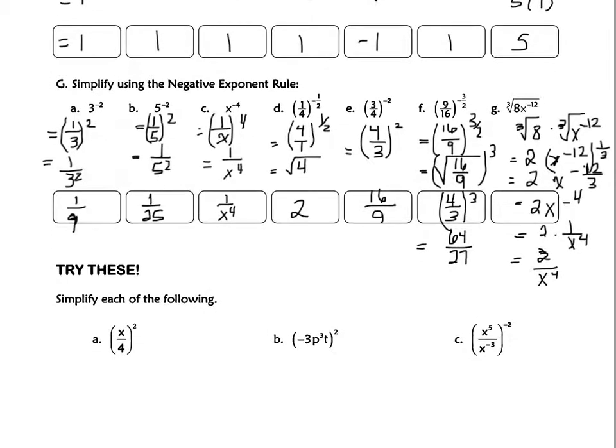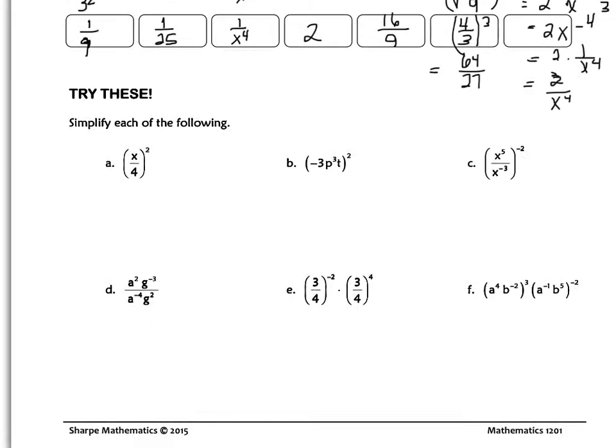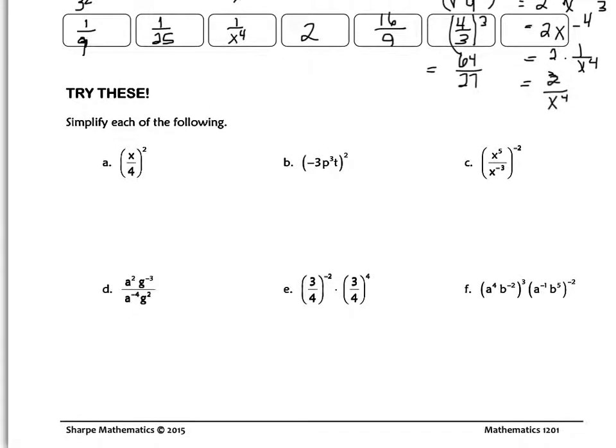All right, so we'll try a few of the examples down below here. And the first one, you can use your power of a quotient rule, which would mean you'd square the top and you'd square the bottom, which would be x squared over 16. And this is as much as you can do with that, because there's no common factors that can cancel.